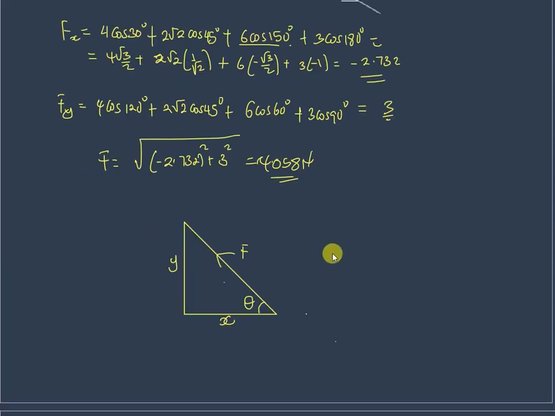For direction, you realize that the horizontal component is towards the left because it is negative, and the vertical component is positive. So the force F is moving towards the left and upward, because positive for y means up, and negative for x means towards the left.